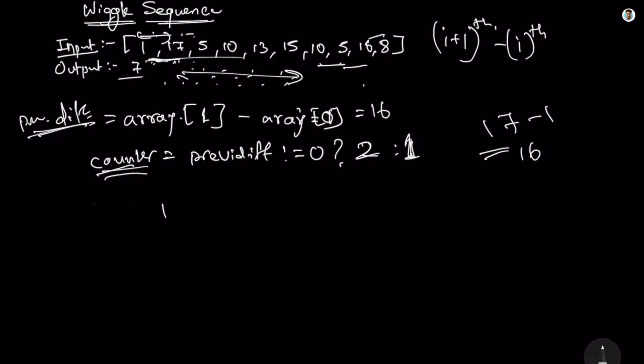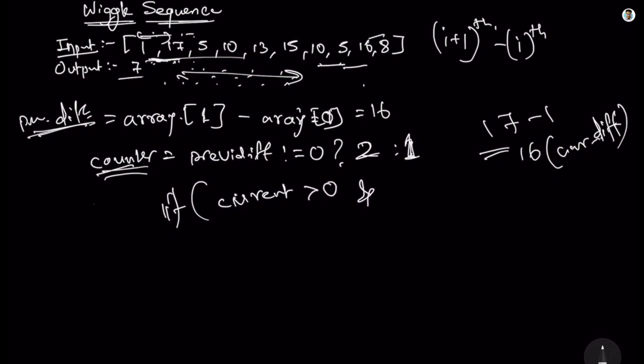So if the current difference is greater than 0 and the previous difference is less than or equal to 0, we have to make a condition like this: when the current difference is positive, the previous difference should be negative.